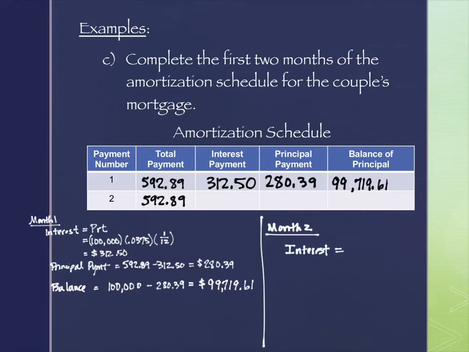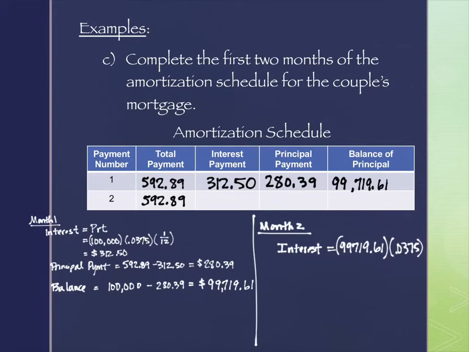I equals PRT. What's P this time? 99,719.61. But as we mentioned before, the rate is the same, 0.0375. And the time is still 1/12.